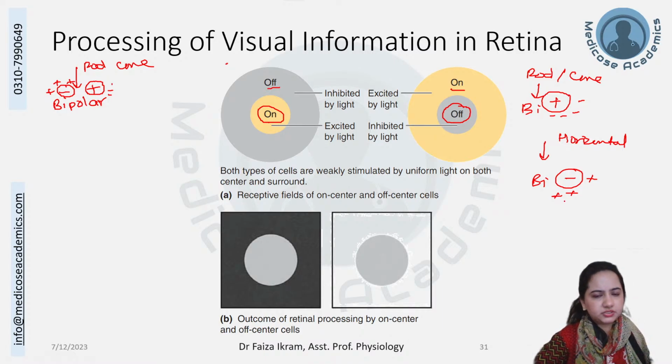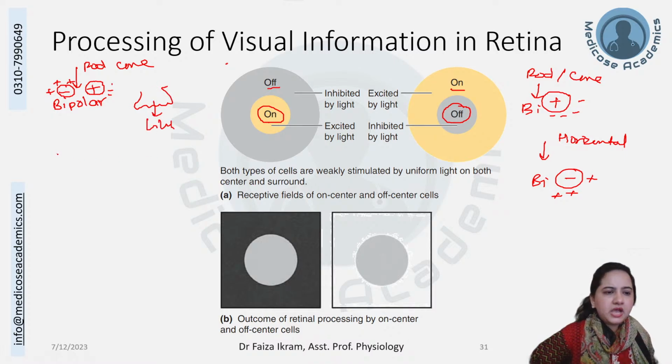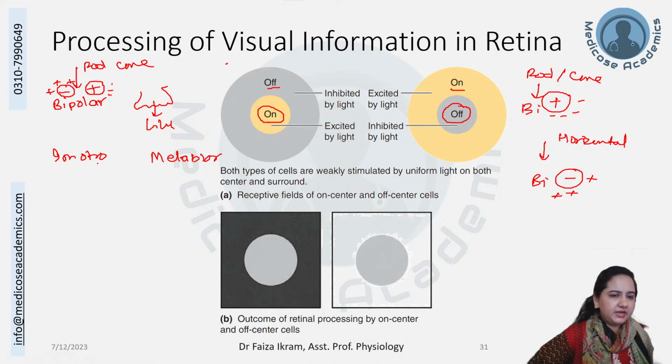A very simple explanation. The other, more widely accepted explanation is that the glutamate being released at the synaptic ends of rods and cones has two types of receptors: ionotropic receptors and metabotropic receptors. Ionotropic receptors lead to opening of voltage gated channels upon binding of the glutamate, and metabotropic receptors are those related to the G proteins.